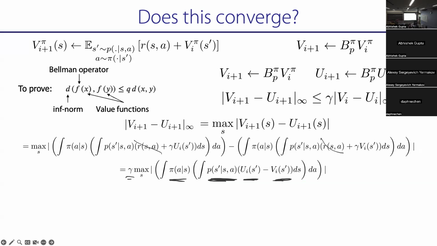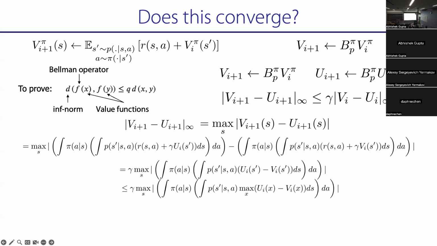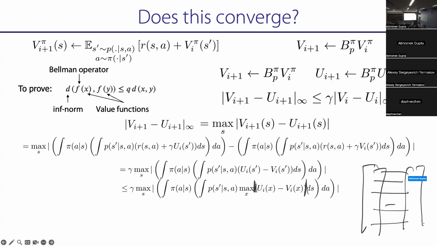What we can show with this next step is that U_i(s') minus V_i(s') is less than the max over all s of the absolute value of U_i minus V_i. If you have two vectors and you subtract them, just by definition of the infinity norm, every difference is going to be less than the max difference.